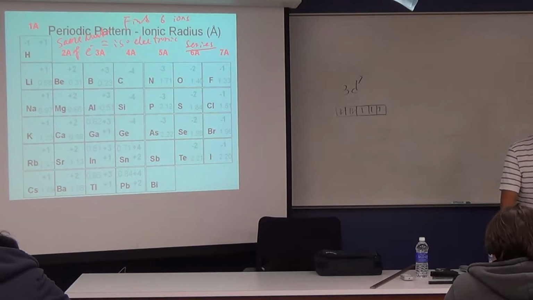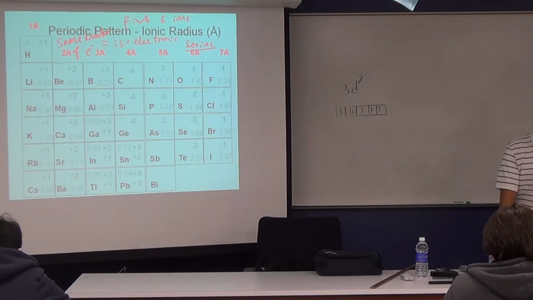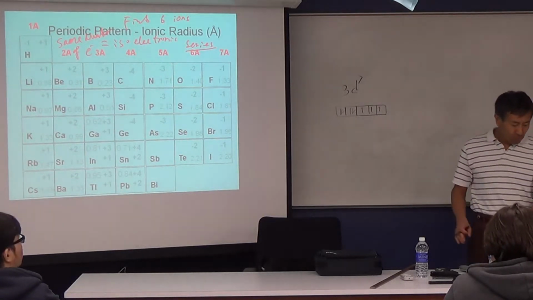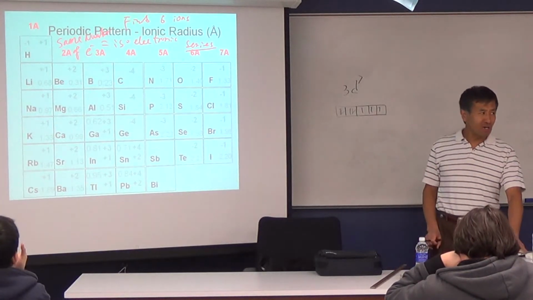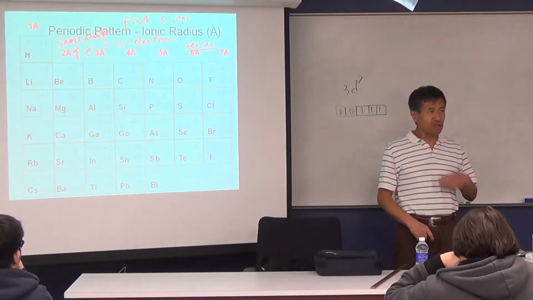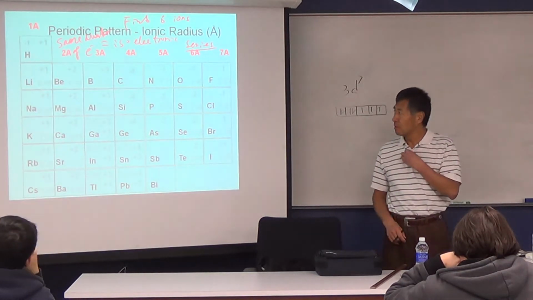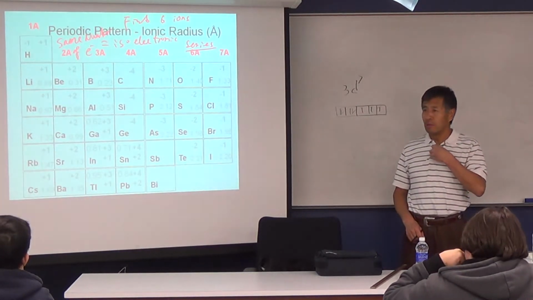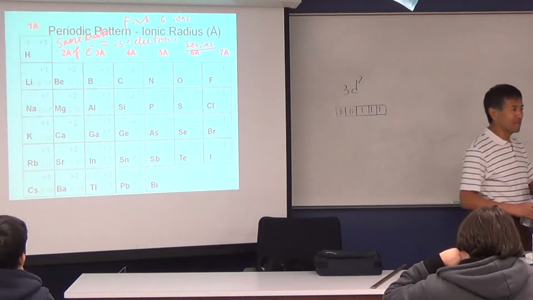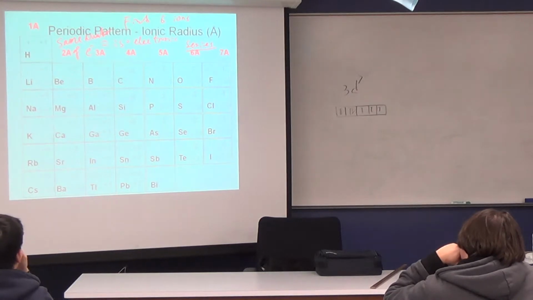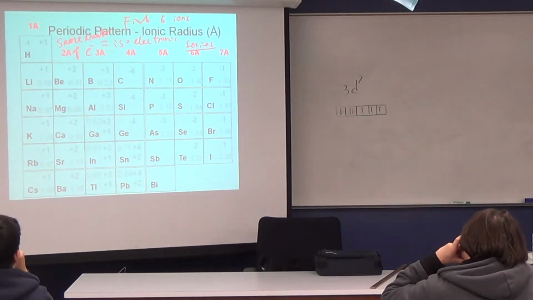Which 6 is isoelectronic? A group of 6. So if you can find one group of 6 that is isoelectronic, that means you will find out how many electrons you have.